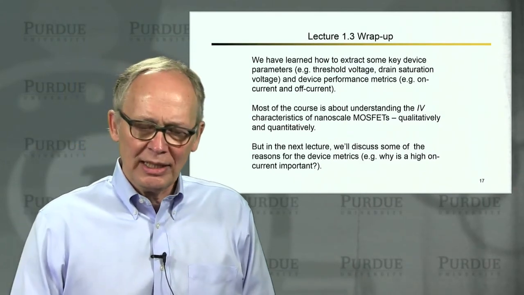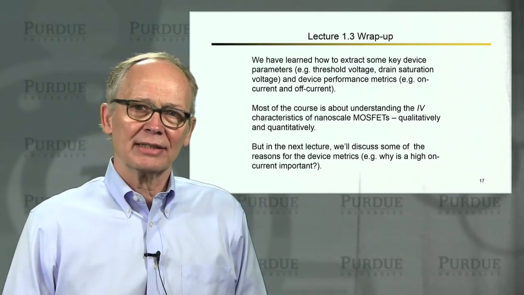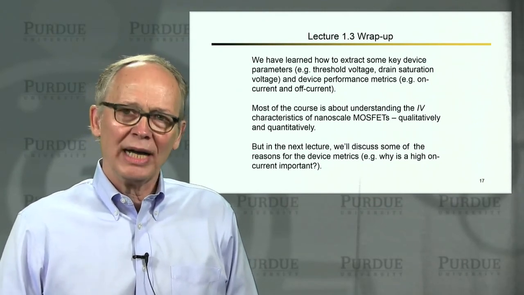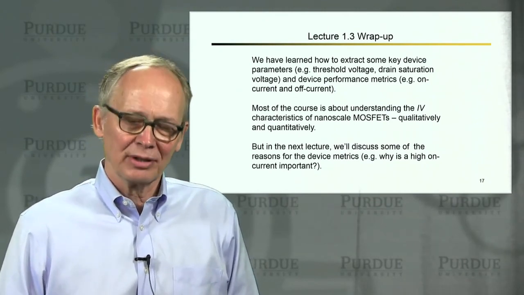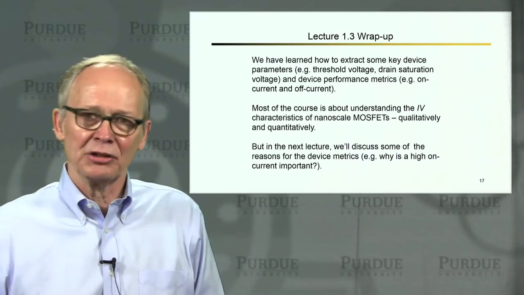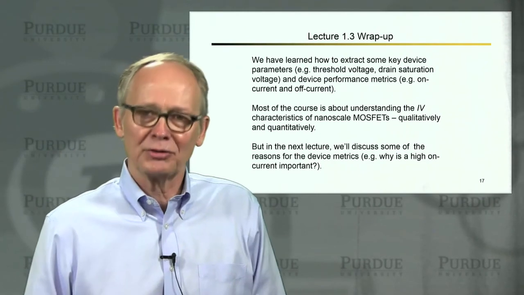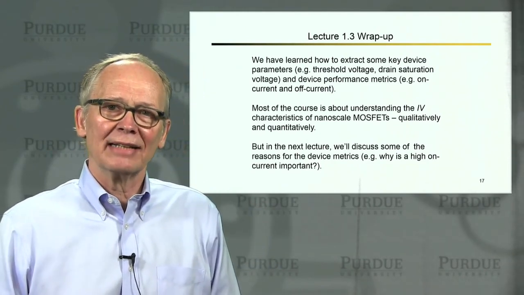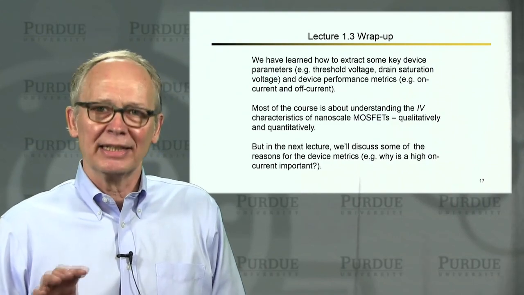So we need to talk a little bit about basic CMOS circuit design, so we can appreciate why these device metrics are so important in determining the performance of the CPU that you carry around in your laptop or your smartphone or whatever. So the subject of the next lecture will be a brief look at how device metrics relate to circuit performance.